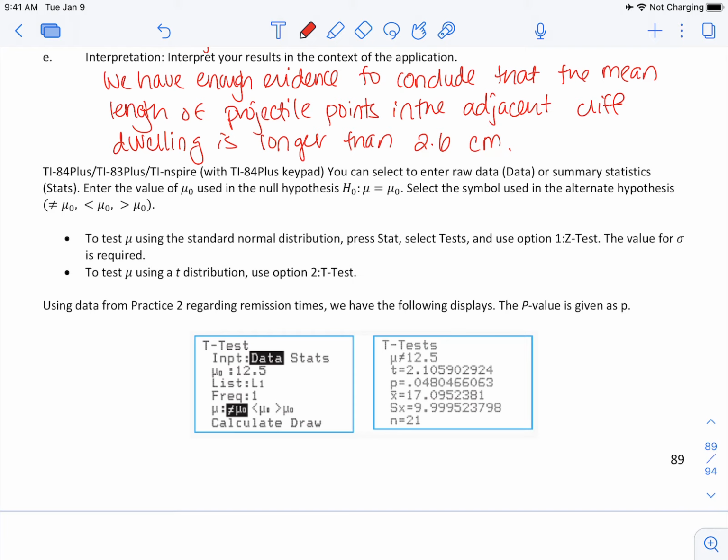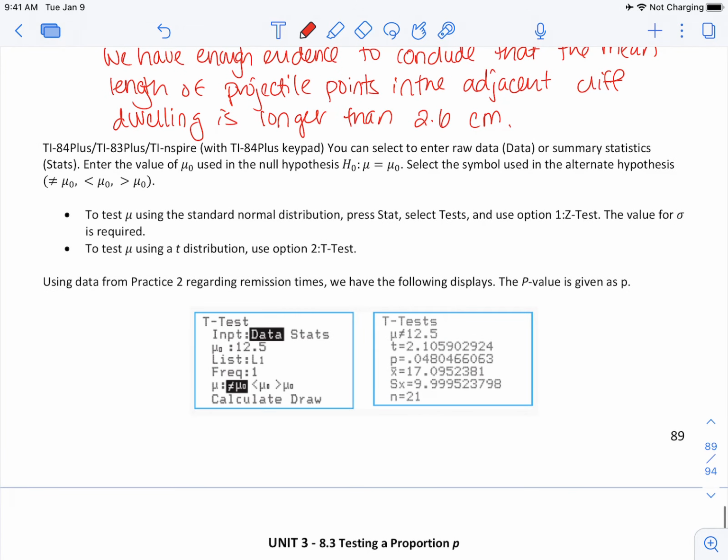Okay, one more thing I want to go over just to help you with making conclusions. I'm going to add an extra little note in here.